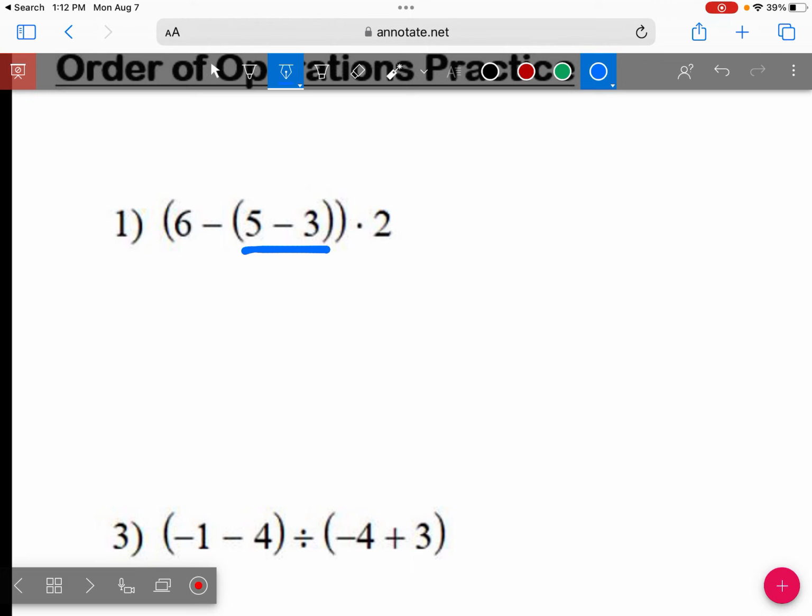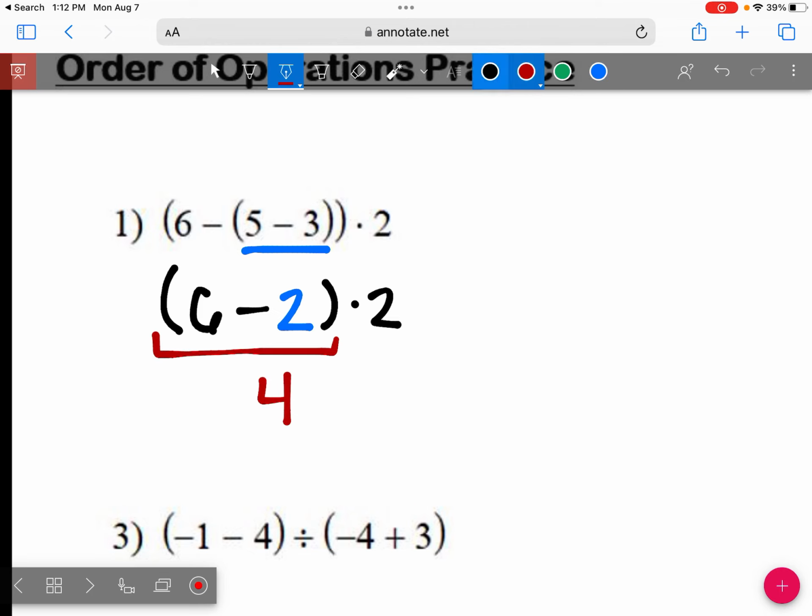What is 5 minus 3? 2. So now inside of the parentheses, I have 6 minus, and then a 2. And now you're going to still work inside of your parentheses. 6 minus 2 is 4. And then 4 times 2 is 8. That would be your final answer.